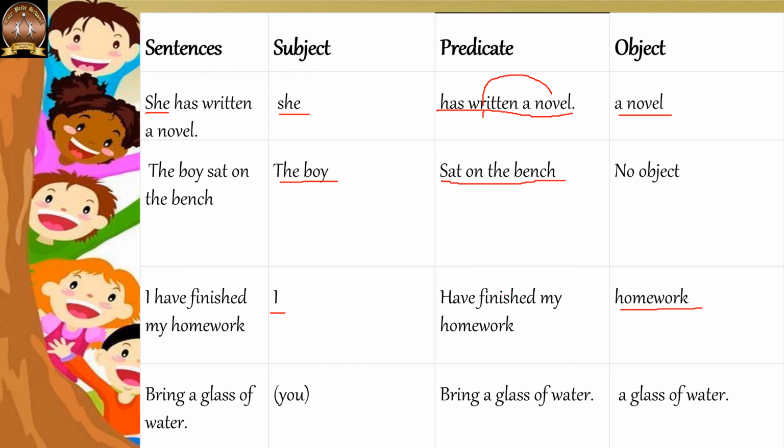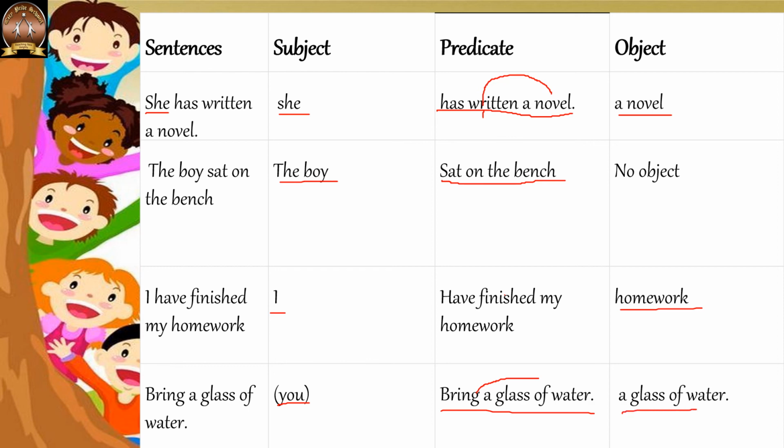If the subject is not mentioned in imperative sentences, which express command, request or instruction, it is understood that in such sentences the subject is always you. So you, the implied subject, bring a glass of water. Bring what? A glass of water becomes your object.